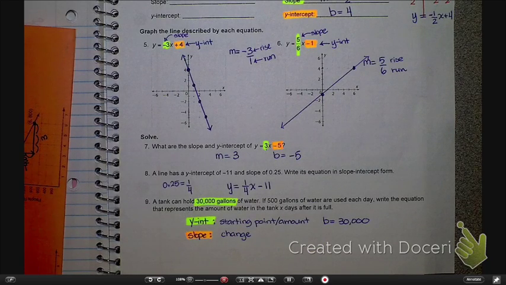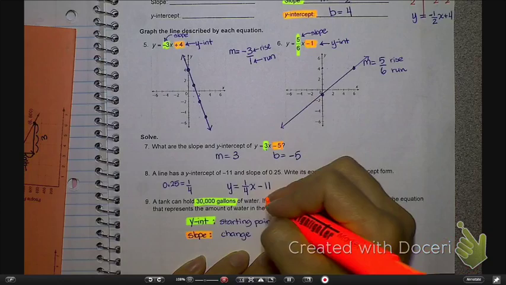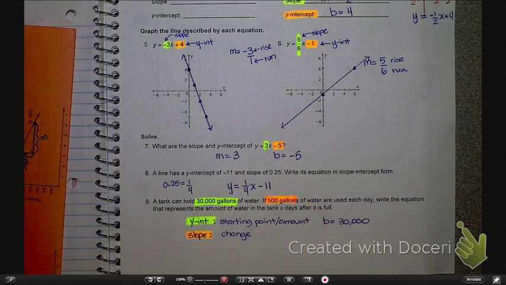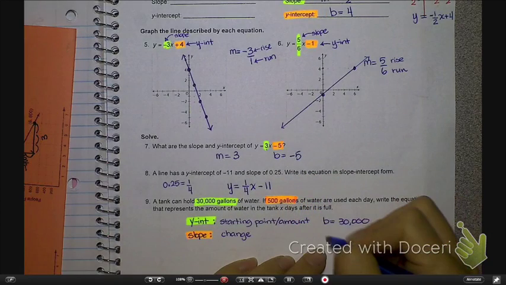Now, how much is that changing? It's changing by how much? 500 per day. Okay, so it's changing by 500 per day. So our slope is going to be 500.